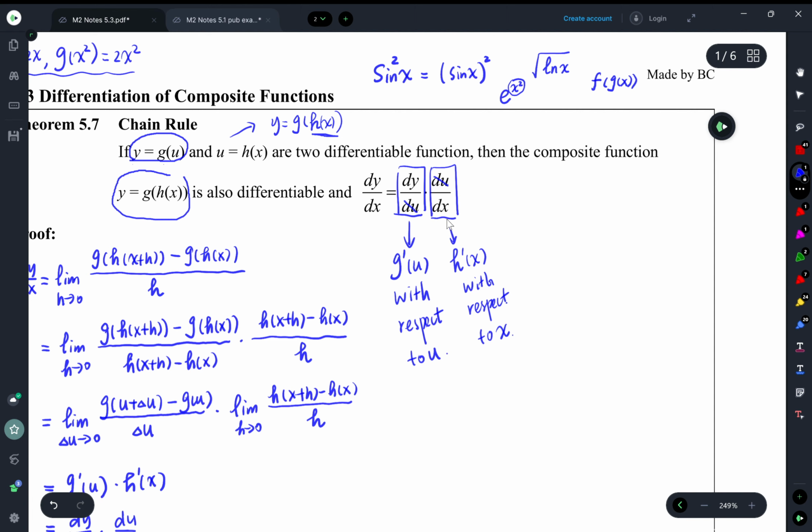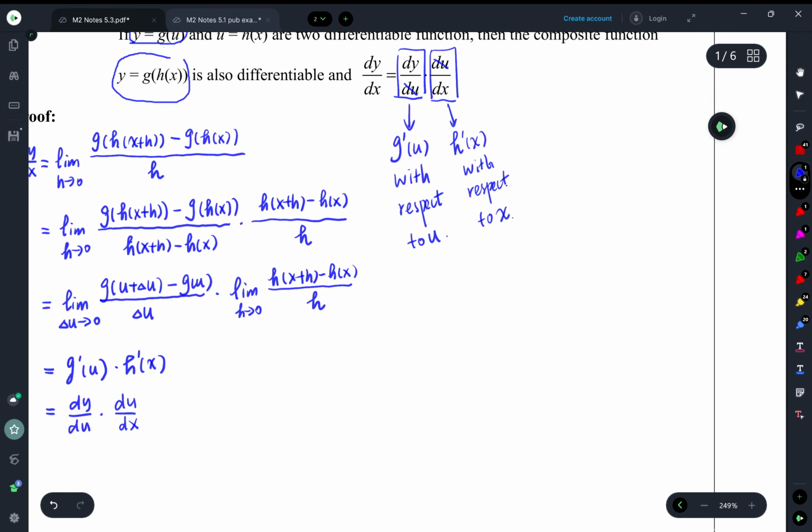The second derivative is du dx. U is equal to h, so this one is equal to the second function prime, h prime, with respect to x. Okay? Look here.